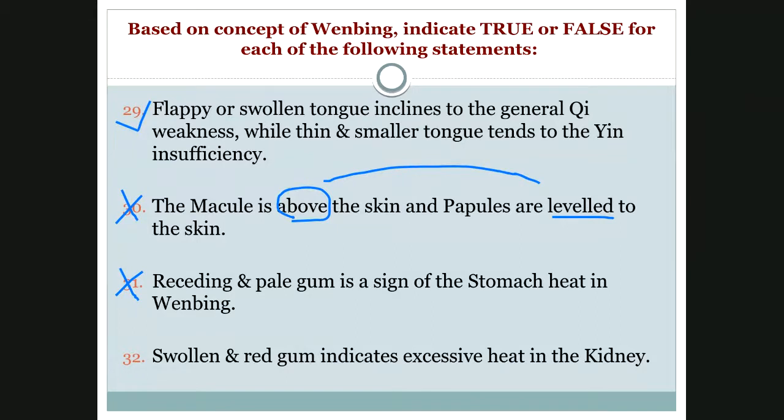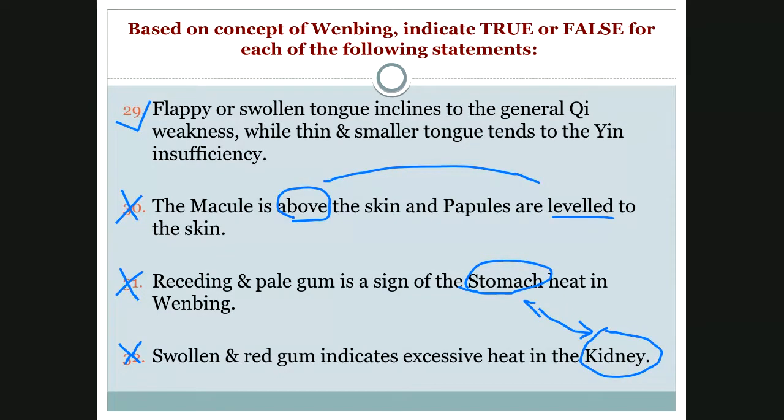False. So we only need to swap the associated organs, and then they become correct. Receding and paler gums usually relate to kidney yin deficiency with heat. Swollen red gum indicates excessive heat in the stomach.